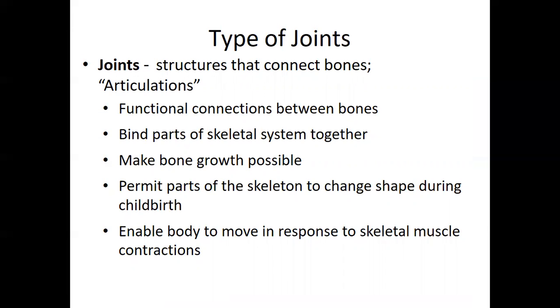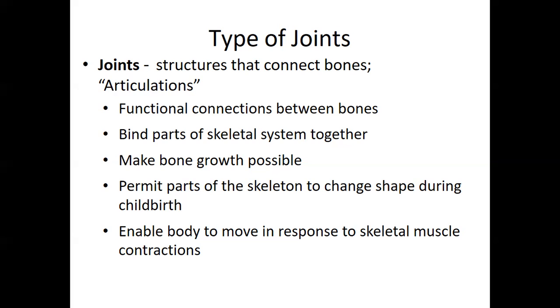Articulations of bones are joints. There are functional connections between bones, and these bind the skeletal system together. Again, a joint is a location where two bones come together. That is how your skeletal system is built, by the connections of these different bones.